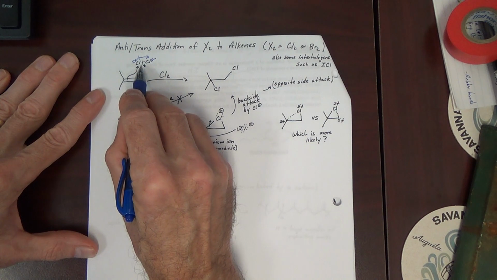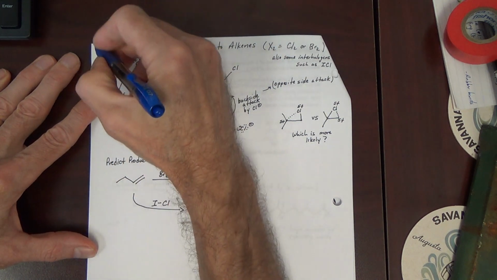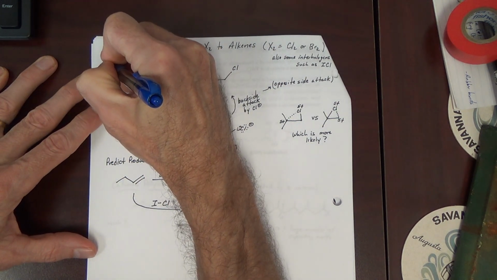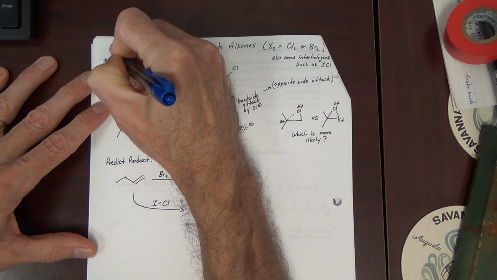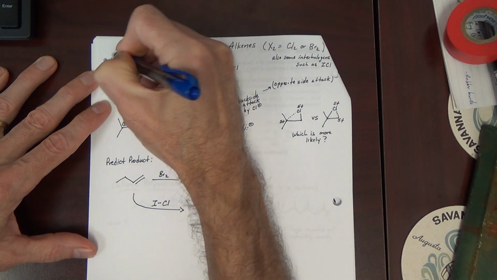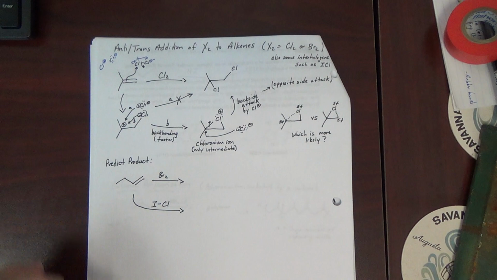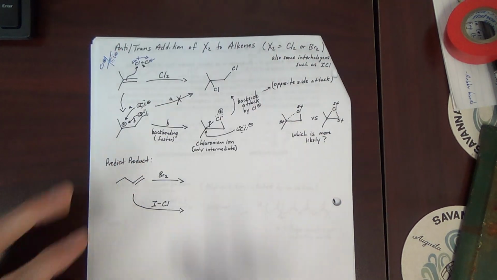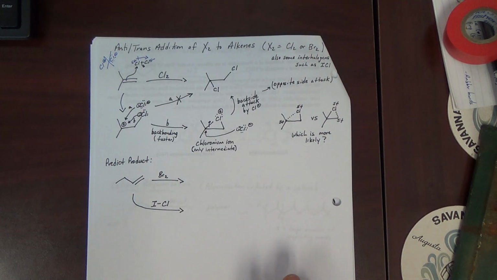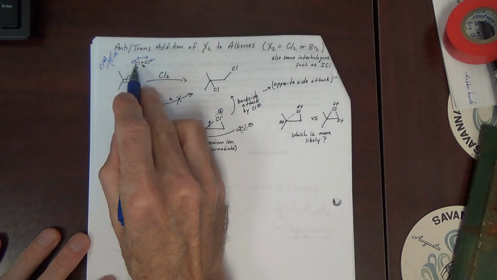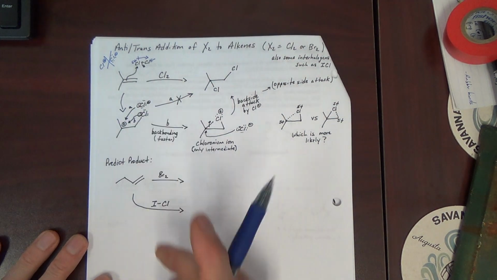Now note that your halogens are not ionic. We cannot show Cl plus and Cl minus. All right, can't do that. So we want to use only covalent.